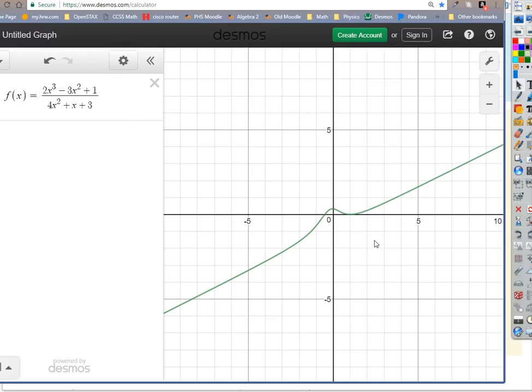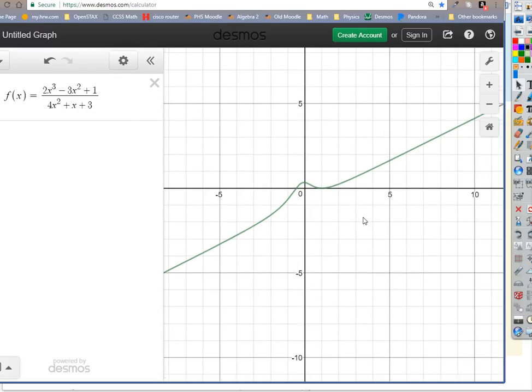Okay, so there's our function. We can see that it ramps up to infinity on the right, down to negative infinity on the left, if we go out there very far.